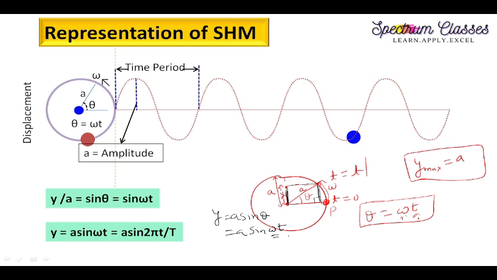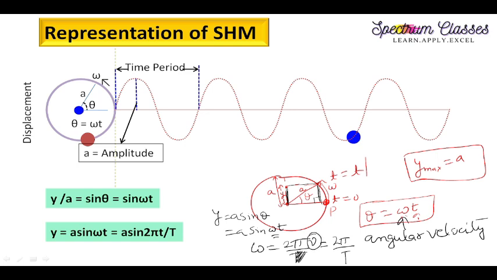And this omega, I said, is the angular velocity. Here this omega can be replaced by 2 pi nu, where nu is such that 1 upon T is equal to nu. So omega is equal to 2 pi nu, and this will be equal to 2 pi upon capital T.